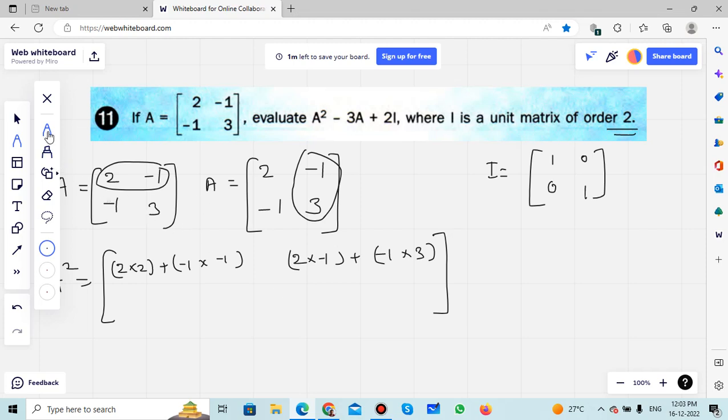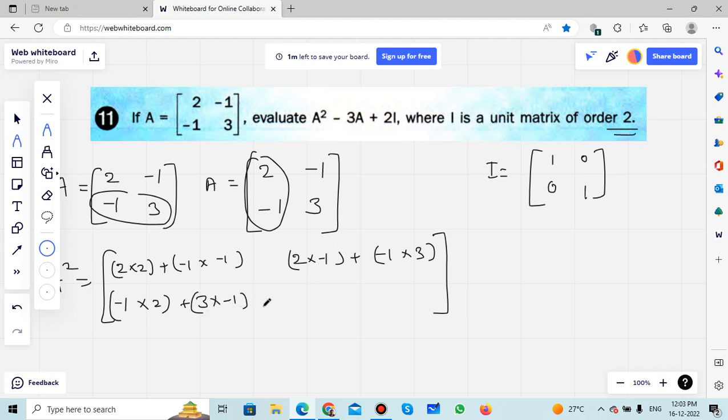Below that, we'll repeat this process with the next row. So this row will multiply with this column. It will be minus 1 into 2 plus 3 into minus 1. And here I will multiply this row with the next column. So minus 1 into minus 1 plus 3 into 3.